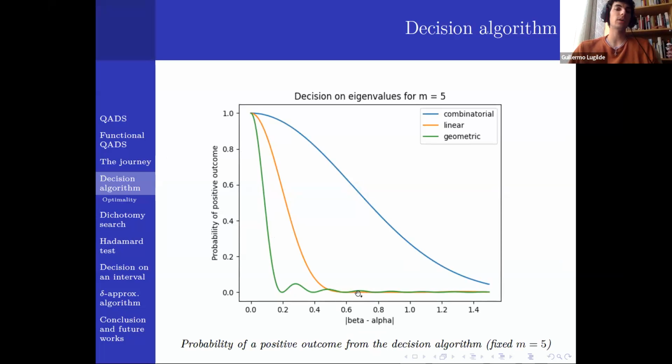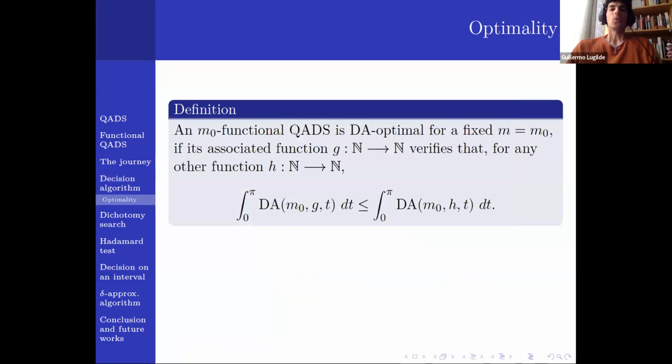So the best way of comparing them is by looking at the area below the function, that is the integral. We say a functional quads is optimal for the decision algorithm if its function g minimizes this integral. Here we are fixing a certain number of qubits.